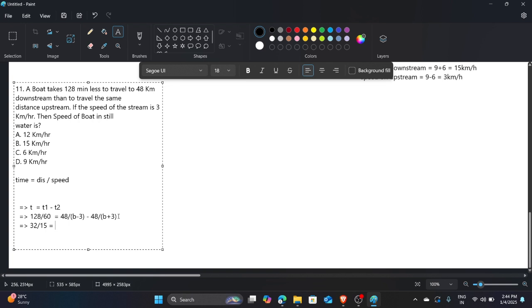Yeah, this equation we have already formed. Did I make any mistake here? This equation we have already done, and now we have to solve this equation also.